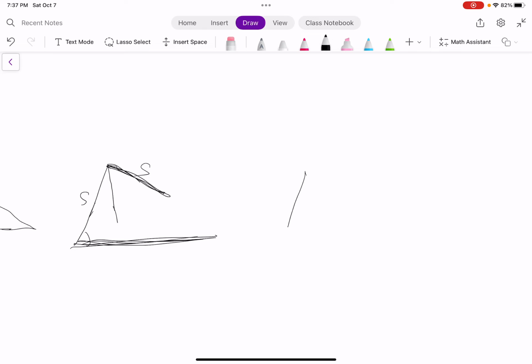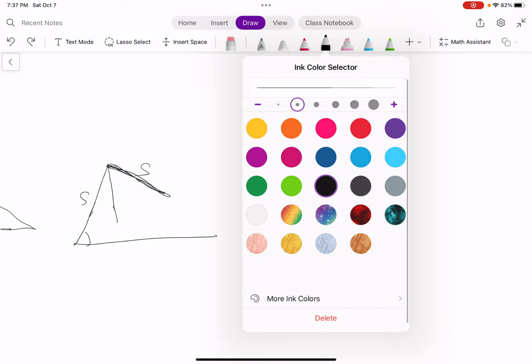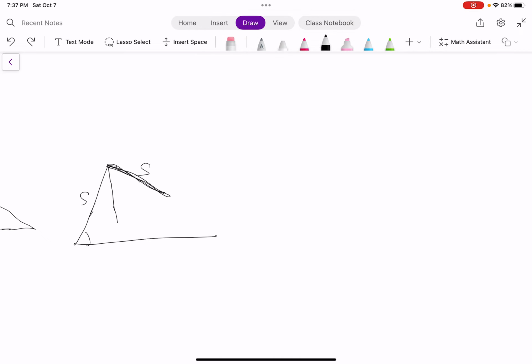So maybe I have no triangles, or maybe I have two triangles. For example, if I have S and S, so SSA, given these three pieces of information, maybe I can construct the acute triangle, or maybe my S is here, so these two sides are the same length.